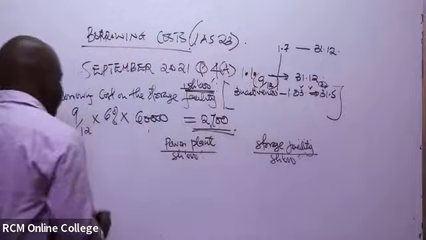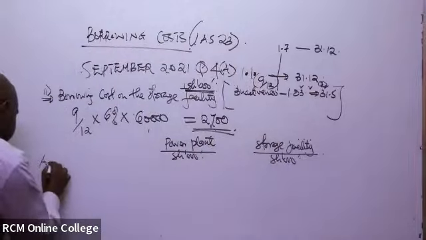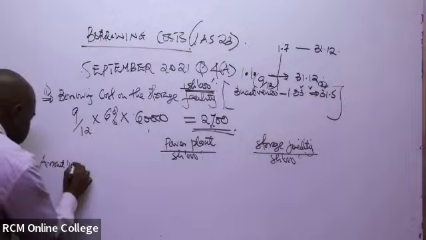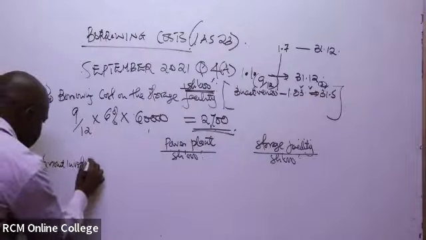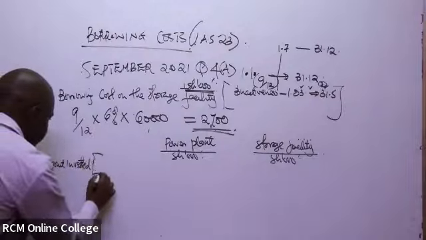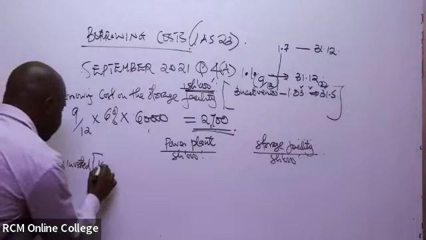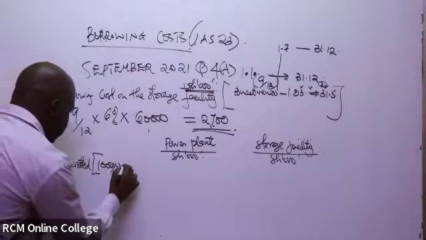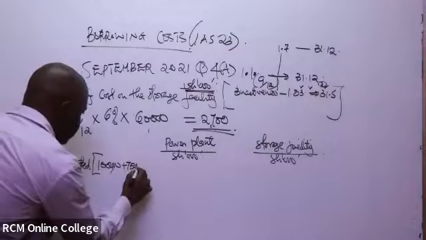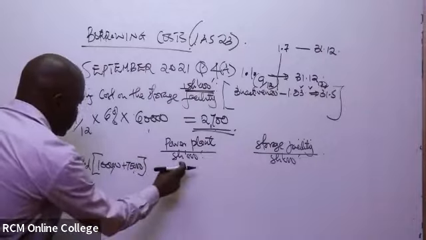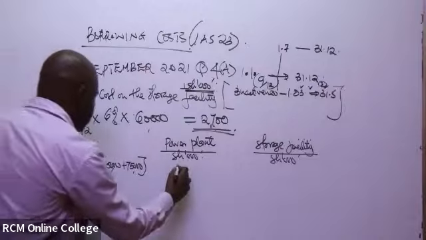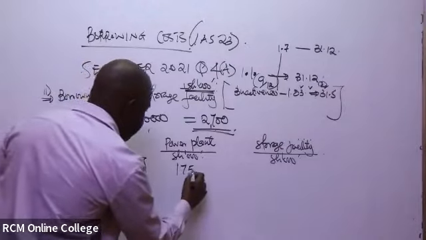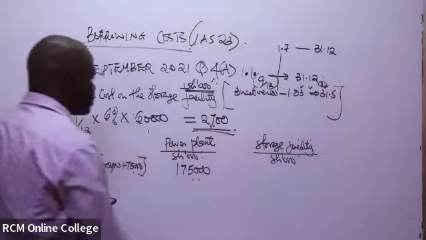The amount they borrowed to invest here, there were two. So we had 100 million plus 75,000 for this one, which basically came to 175,000. So that's the amount that was invested.